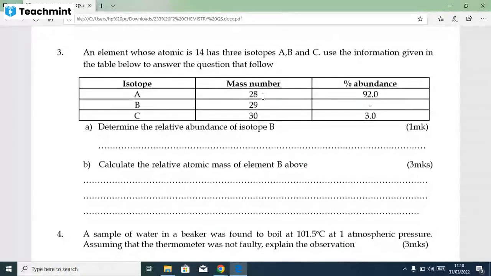Oh, no, sorry, 14 is not the RAM. Tunatafuta RAM. So, tafutia, you want the RAM. Tafutia uniambie ni ngapi. Iangalie tena, but A is 5%, so tafutia B.